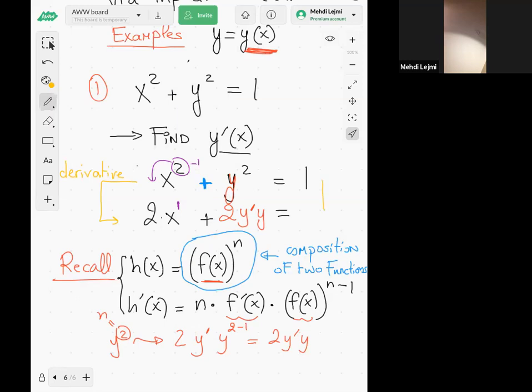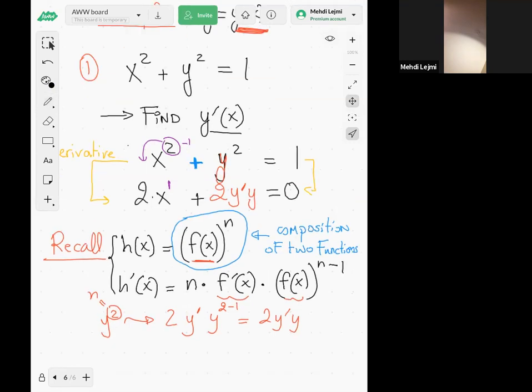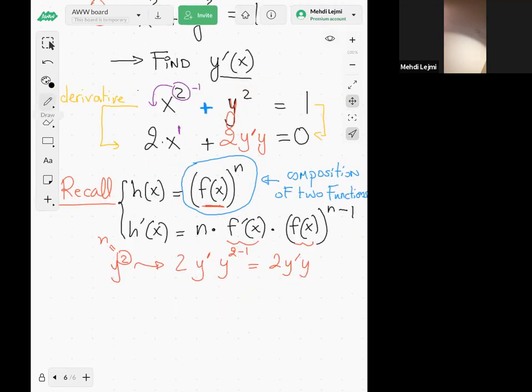What's the derivative of 1? 1 is just a constant, and the derivative of a constant is 0. So when you compute the derivative of the equation, we have 2x plus 2y prime y equal to 0.